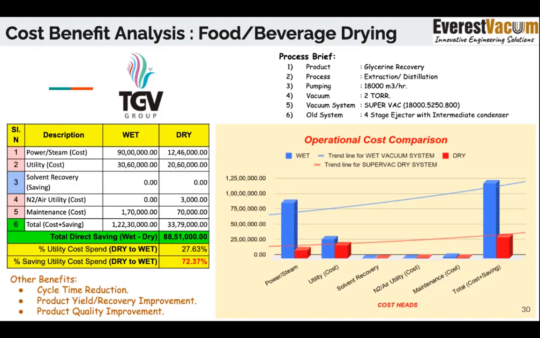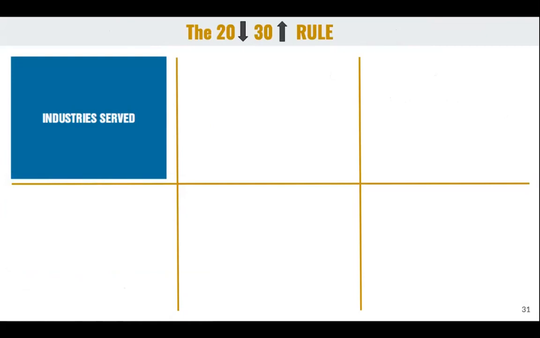With a steam jet ejector, the biggest challenge is fluctuation in vacuum. With dry systems, that fluctuation in vacuum vanishes. So stability in the process becomes very nice. Because of this stability, the ultimate product quality also becomes very nice.